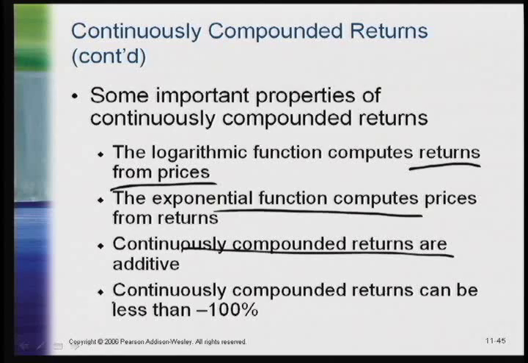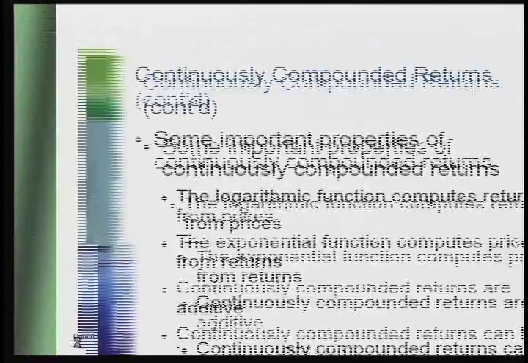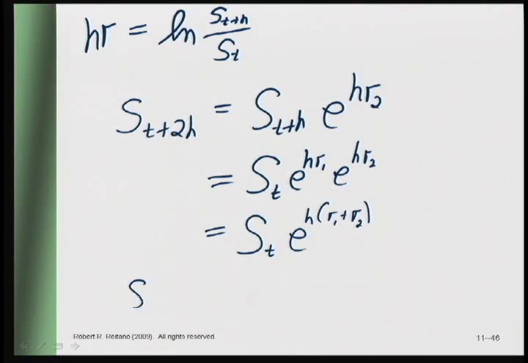And the final thing is that even though the returns can be well under negative 100%, stock prices cannot go negative. That's apparent from the model: the stock price at time t plus h is equal to the stock price at time t times e to the hR.